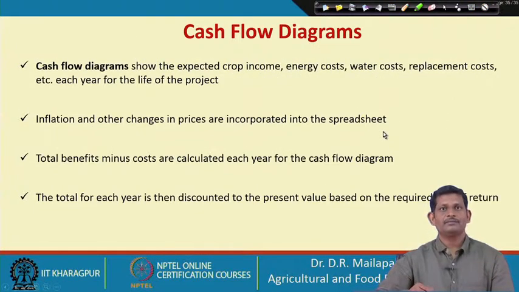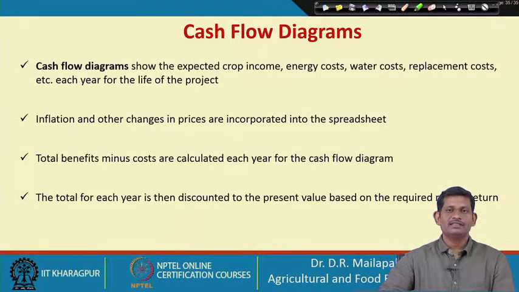Okay, cash flow diagram. Basically, this indicates that if you have invested in a particular project and are expecting the benefit after 10 years, 20 years, you have to bring the benefits to the present value and the cost to the present value, and then compare, and you get the cost benefit analysis or the net present value.